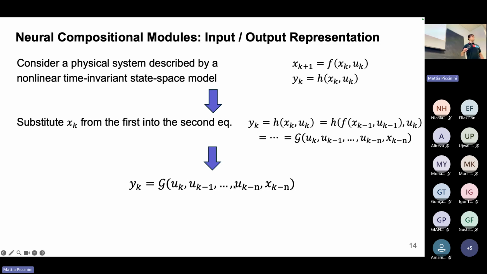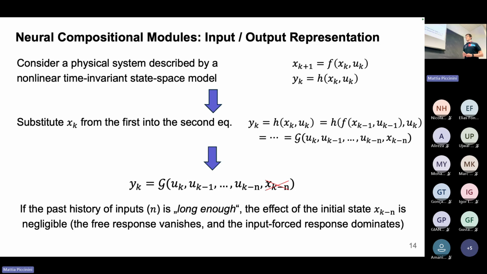Ideally, you can go back to minus infinity, continuously substituting the states. But it turns out that if you take n long enough, if you go sufficiently far back in the past, your initial state doesn't matter anymore, or its effect is negligible.